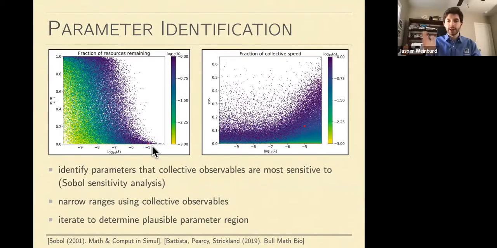So we're slicing along the most sensitive parameters. We iterate that process, and by using information from the collective observables, determine a plausible region of parameter space that outputs observed quantities. And here my little red dot, I think, is the parameters that I've been showing you so far in the talk.